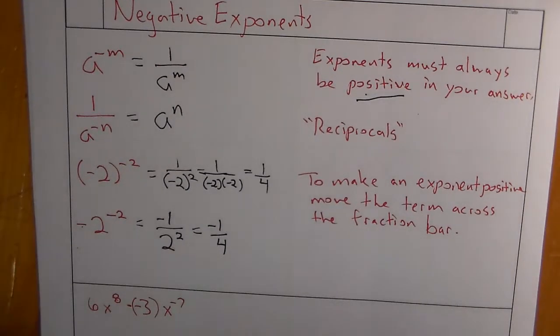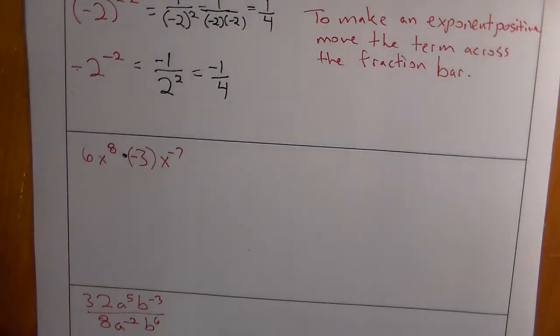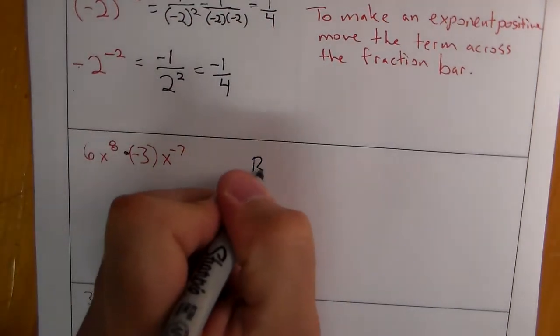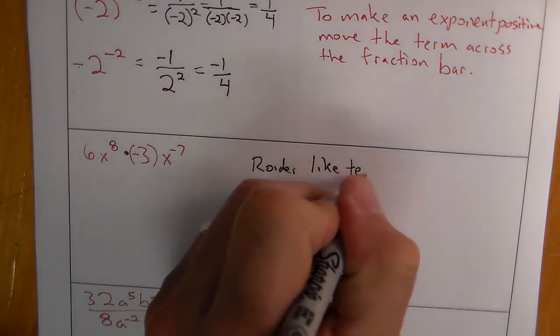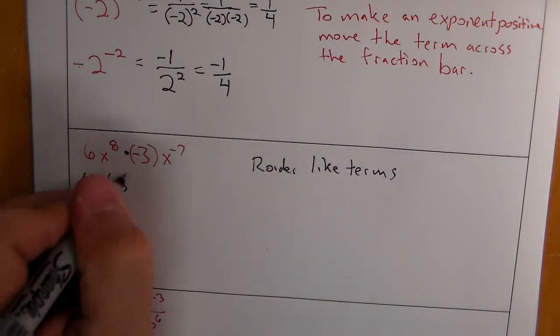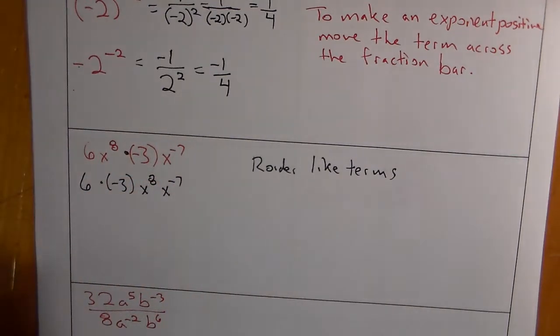So we're going to use that along with what we've just did with quotient rule in the previous section to start to simplify more expressions. So the first thing I want to look at here is I want to reorder the terms together. So I'm going to put 6 and then negative 3, x to the 8th, and x to the negative 7.